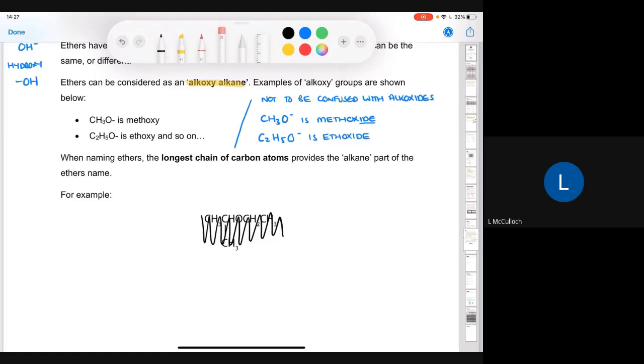So what I'm going to do is just draw out a diagram of an ether that you guys can just copy into this space, like so.